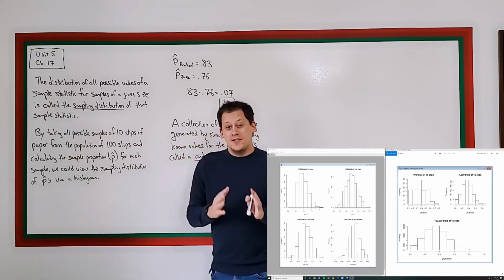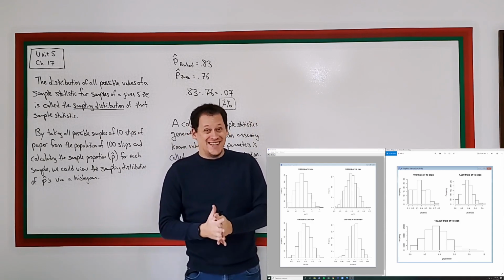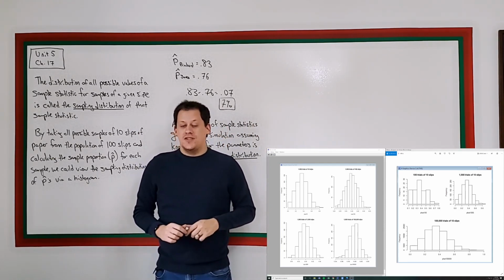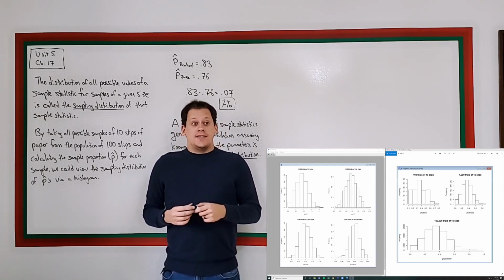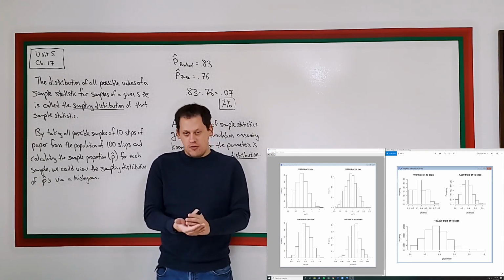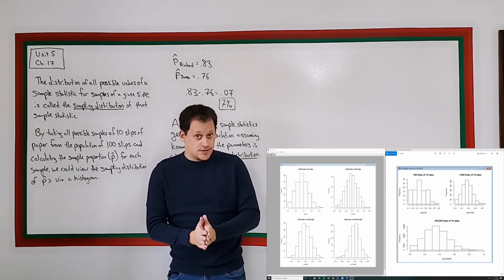So that's all I wanted to talk about today. You've learned a lot in this video. We talked a little bit more about this randomization distribution, and now you know that's what it's called. We know that there are these things called sampling distributions, and specifically so far we've been talking about sampling distributions of sample proportions.